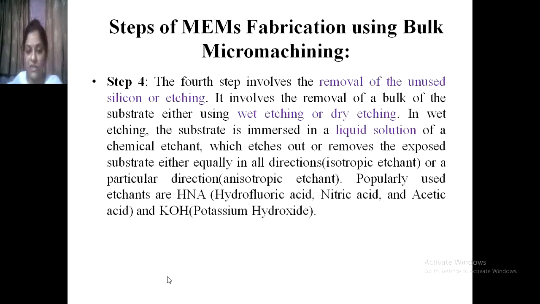In wet etching, the substrate is immersed in a liquid solution of a chemical agent which etches out or removes the exposed substrate, either equally in all directions, which is known as an isotropic etchant, or in a particular direction, which is an anisotropic etchant.